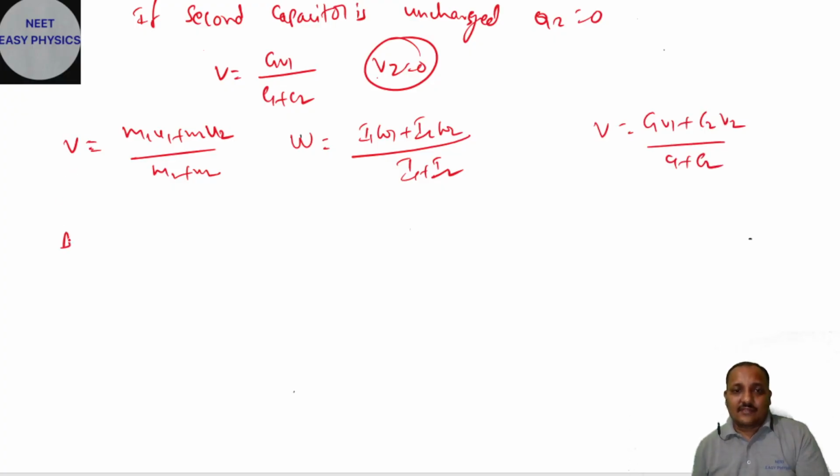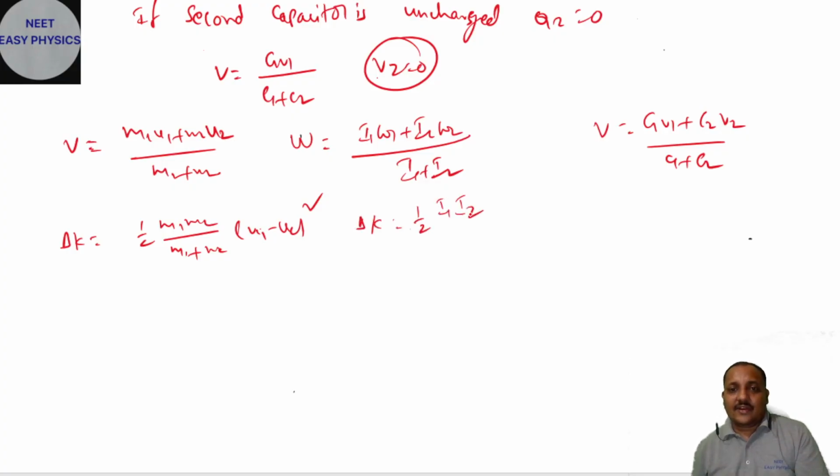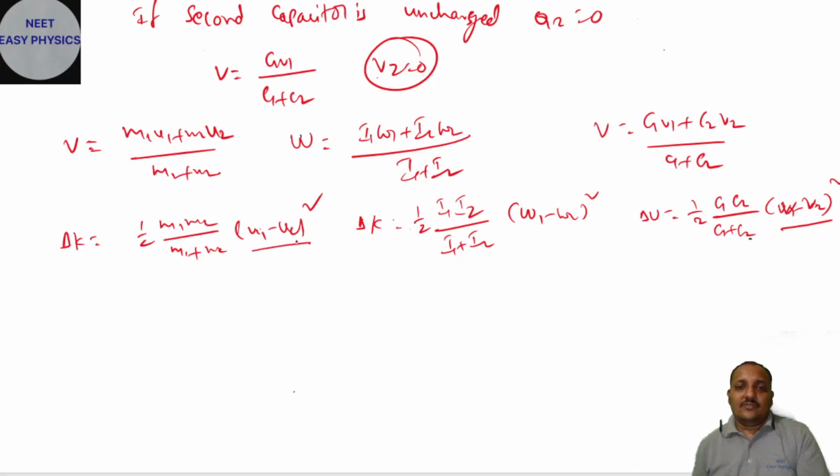Here also they will give energy loss, kinetic energy loss of m1 m2 by (m1 plus m2) into (u1 minus u2) whole square. This is also rotational kinetic energy loss of I1 I2 by (I1 plus I2) into (omega 1 minus omega 2) whole square. This is now energy loss of C1 C2 by (C1 plus C2) into (V1 minus V2) whole square. Here V1, V2 voltages. U1, U2 velocities. Here omega 1, omega 2 angular velocity.